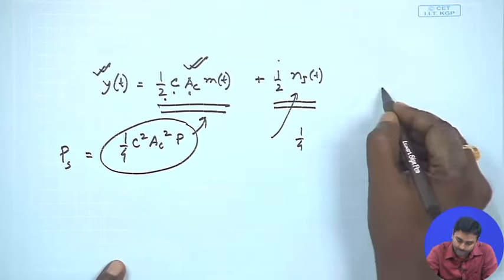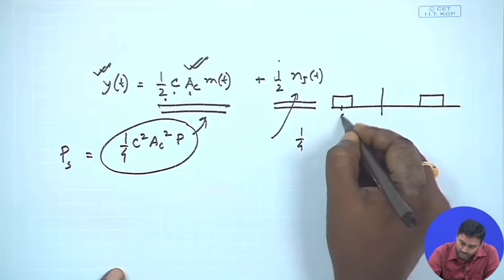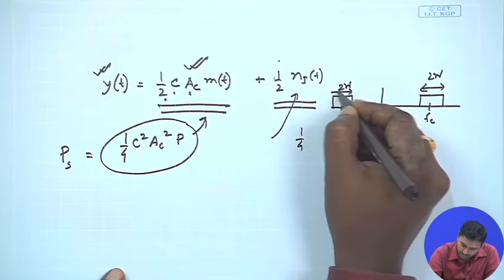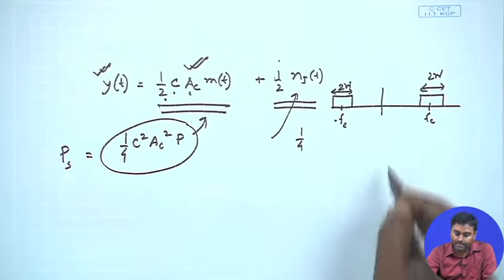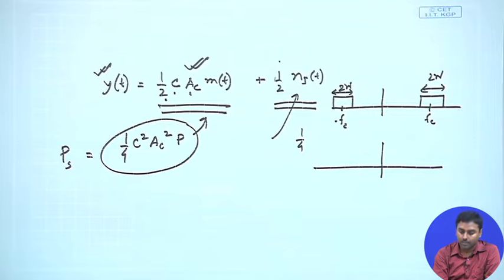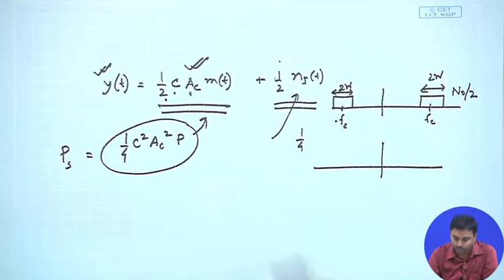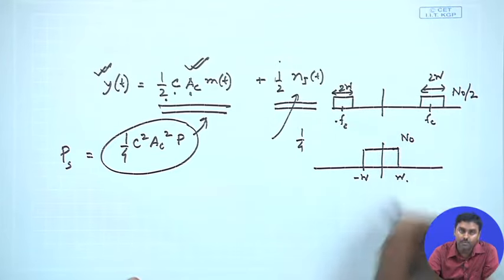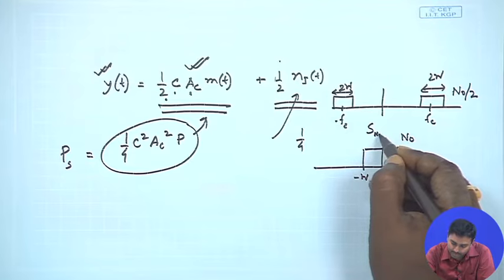If we have noise going from minus fc to plus fc with a band of 2W, then Ni or Nq is this part shifted to this side plus this part shifted to the other side. If the strength was eta 0 by 2, both are shifted and the overall strength will be N0, defined from minus W to plus W. That is the power spectral density of Ni, S_Ni(f).